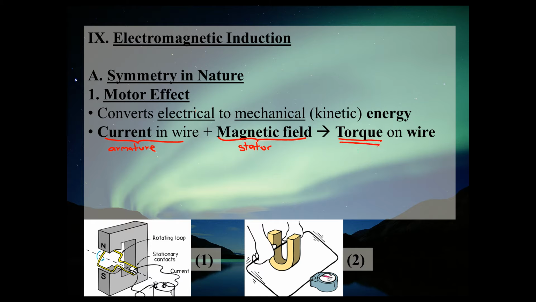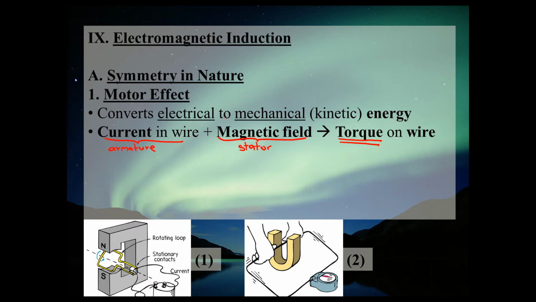If you look at this from an energy perspective, we're starting off with current from a battery. Current from a battery is electric energy. As a result of the deflecting magnetic force generating torque, we're getting the armature to move. In terms of energy related to motion, that is kinetic energy.